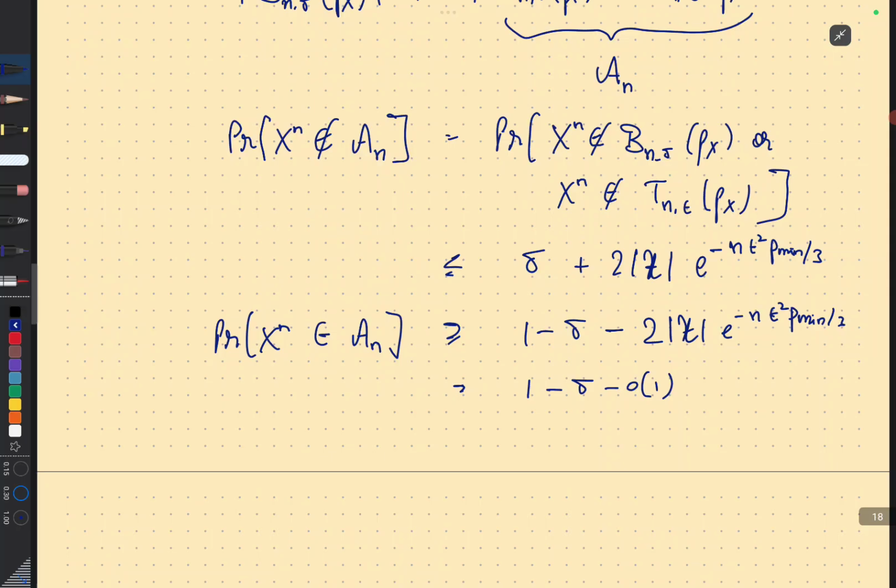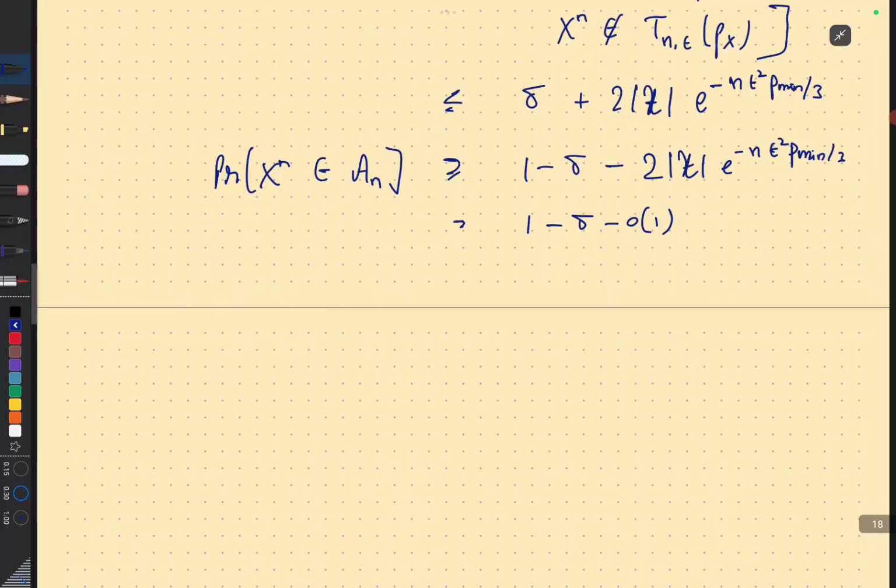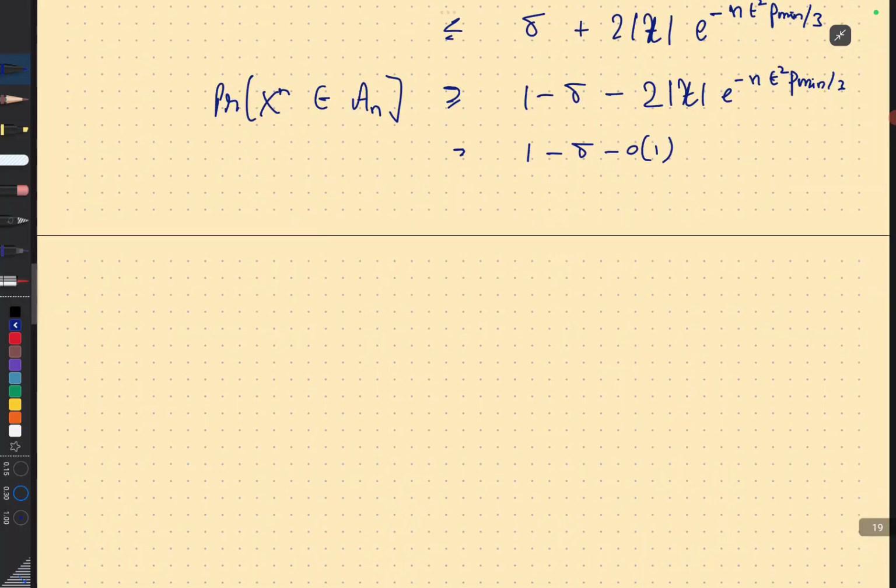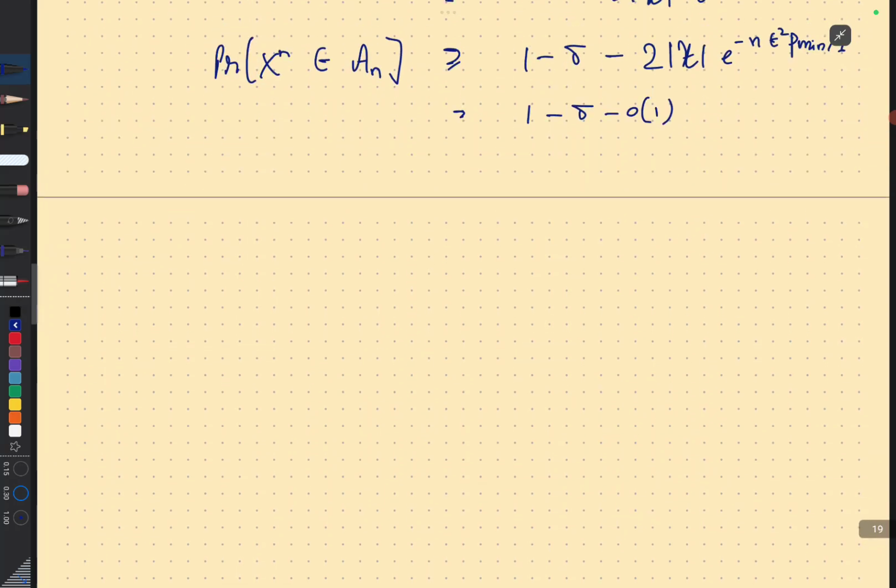Remember that our goal is to construct a compressor for which the probability of error, which is delta, is also vanishing in n. So basically we want this quantity to be 1 minus little o of 1. So let's write this down.